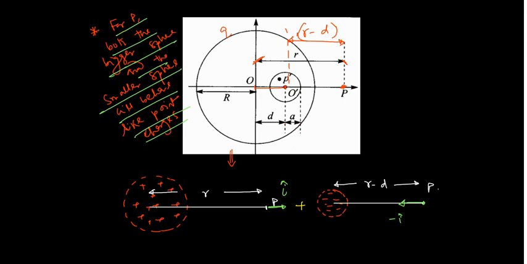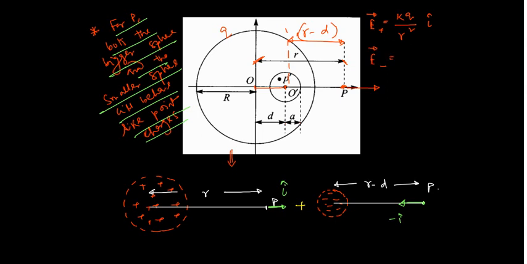So E due to plus at point P will be equal to kq by r square into i cap, because the field is in that direction only at point P.